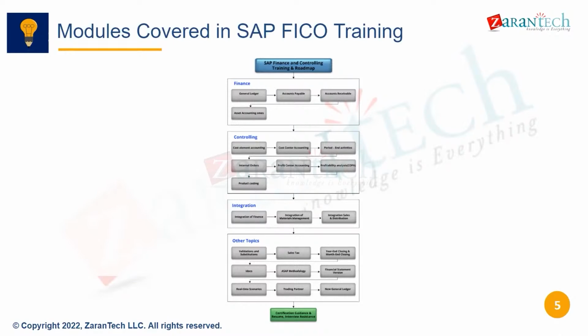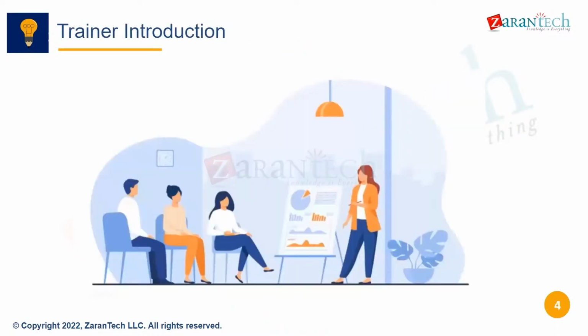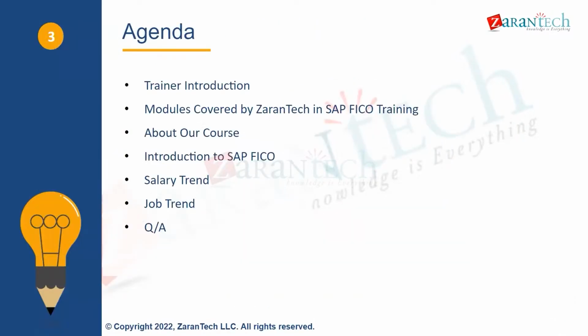I have worked in FICO, FSCM, Central Finance, and S4HANA. I am a certified SAP FI consultant and also a certified Central Finance consultant. I have worked for several MNC companies. I have worked in USA also for around 6 years, and then I moved out to Bangalore. I'm currently in Bangalore.